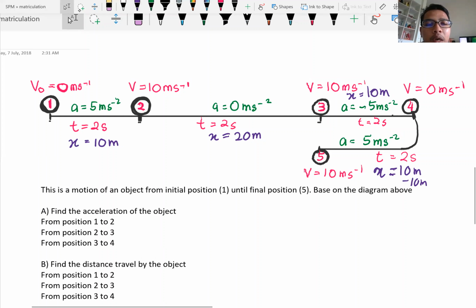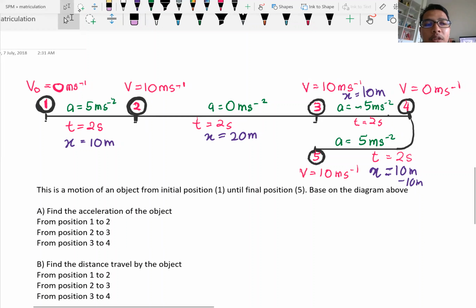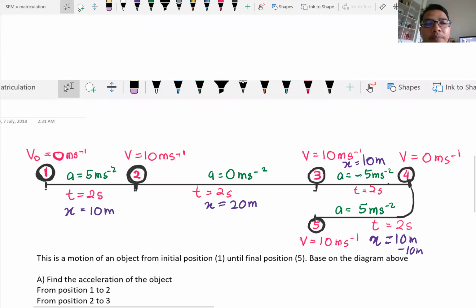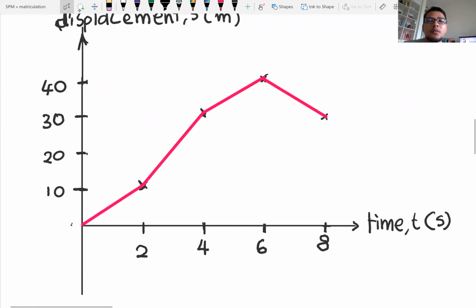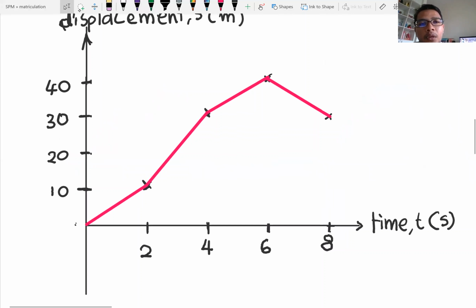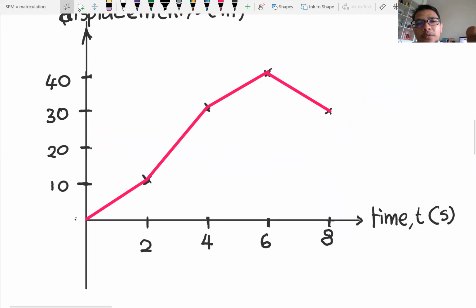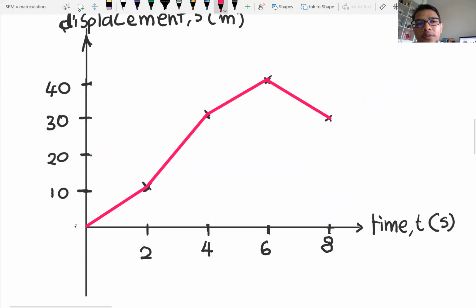First, we want to plot the displacement over time graph. So for the displacement over time graph, this will be the graph. In the first 2 seconds, the object moves 10 meter, from position 1 to position number 2.